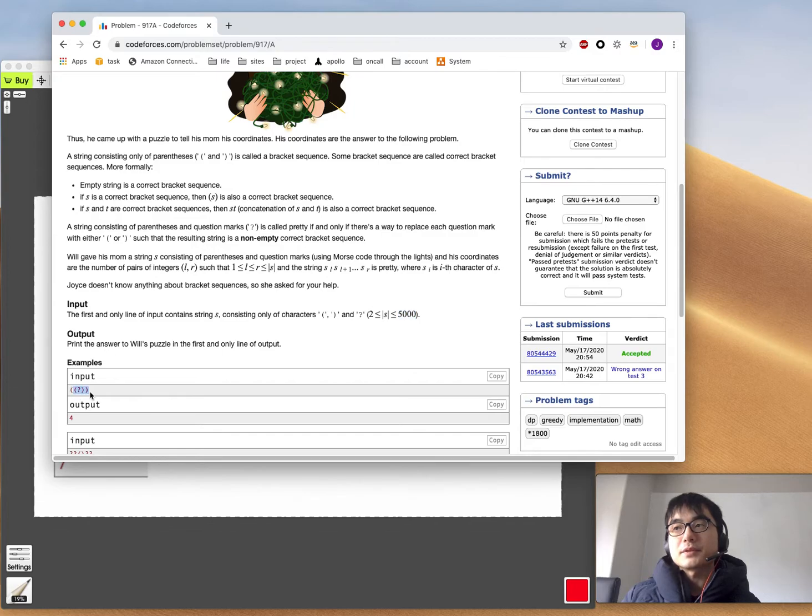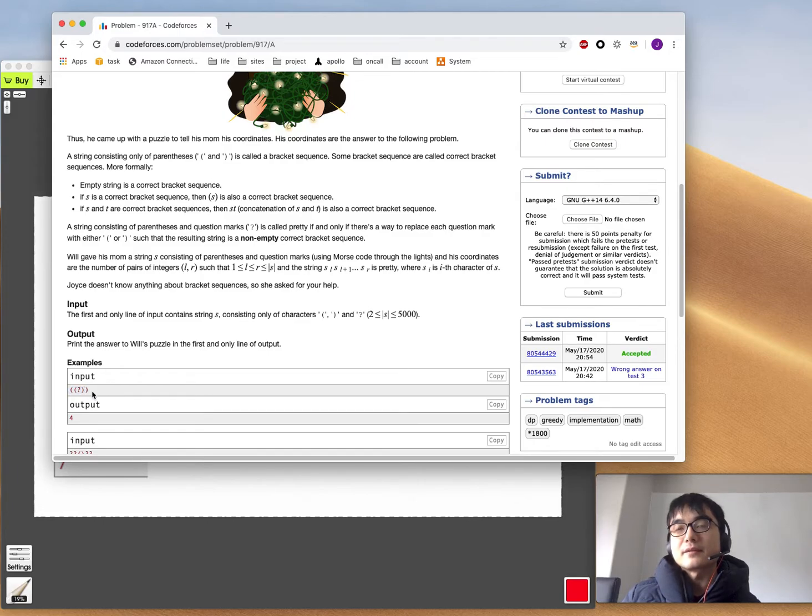So the input is a string constructed by three kinds of characters: left and right parenthesis and the question mark. And we need to output a single number, that is the count of the valid substrings in this string, right?